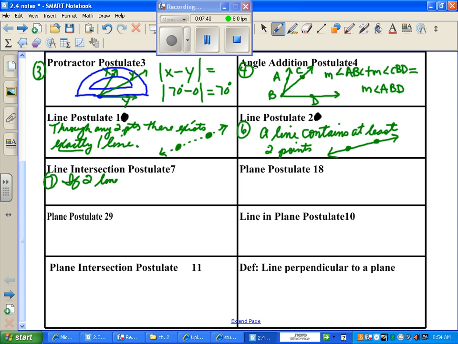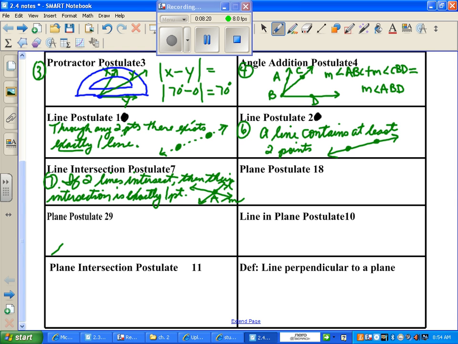So a picture is good. Draw your 2 lines. You can use lowercase script, this is line L and this is line M. They intersect at exactly 1 point. Let's call it point A, capital print point A.